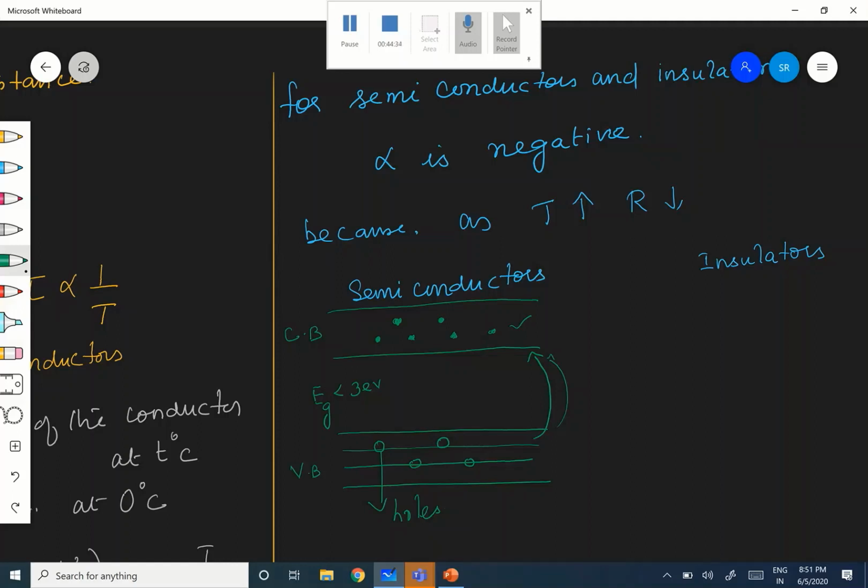Why? Because even at room temperature they have thermal energy, so they are able to overcome the energy gap and jump from the valence band to the conduction band.